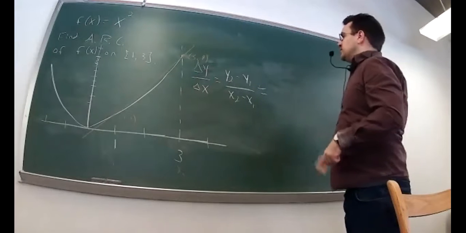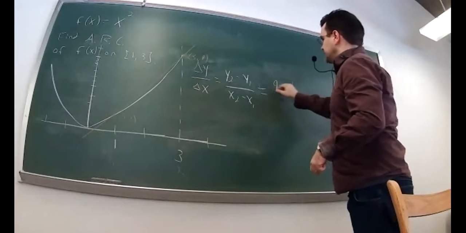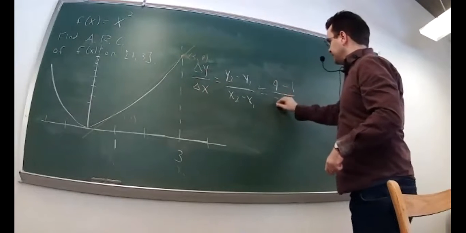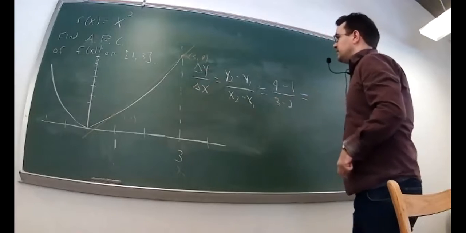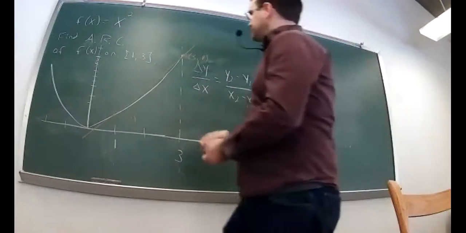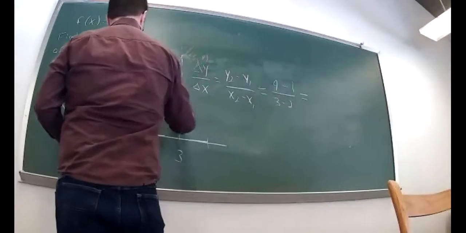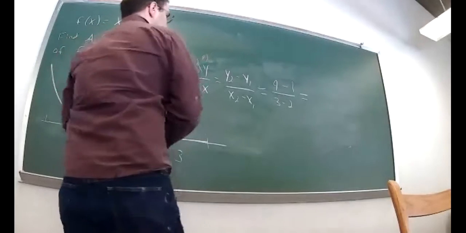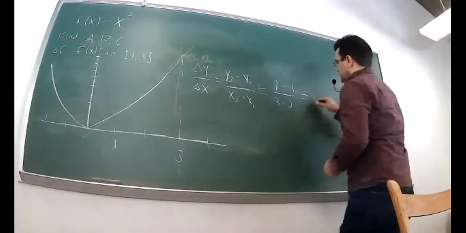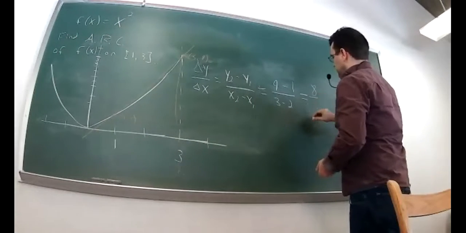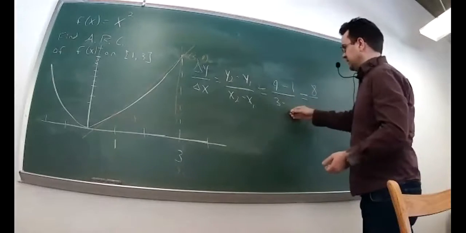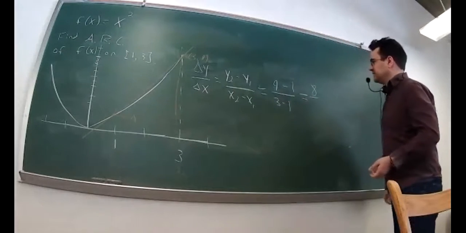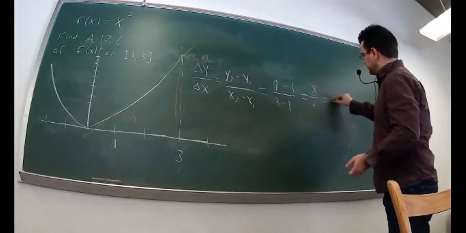And so y2 minus y1, that's 9 minus 1, over 3 minus 1. So it's the ratio of this length to that length. It's 8 over 2, which equals 4.